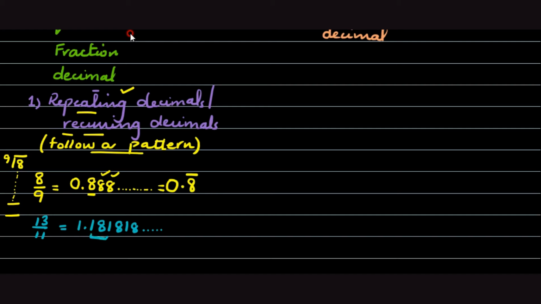The number repeating after the decimal point is 18. So I will write it as 1.18 and put a bar above both digits, because both digits are repeating. And remember, this is a rational number, right?